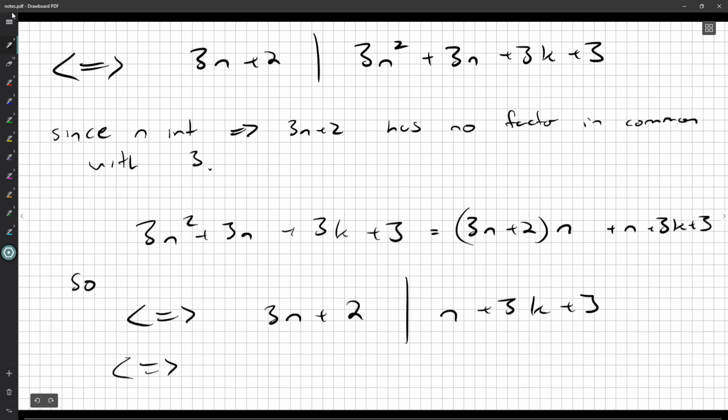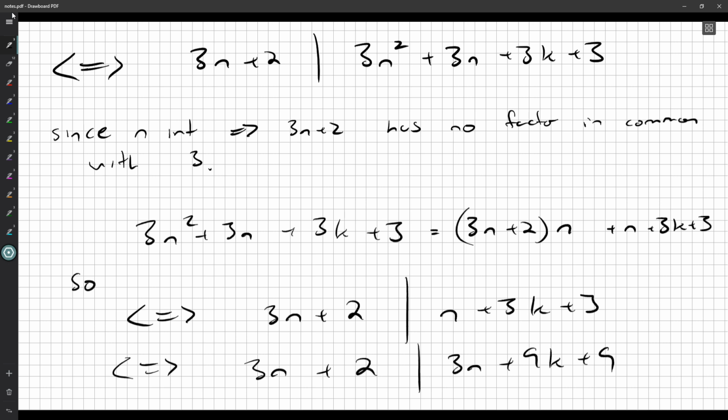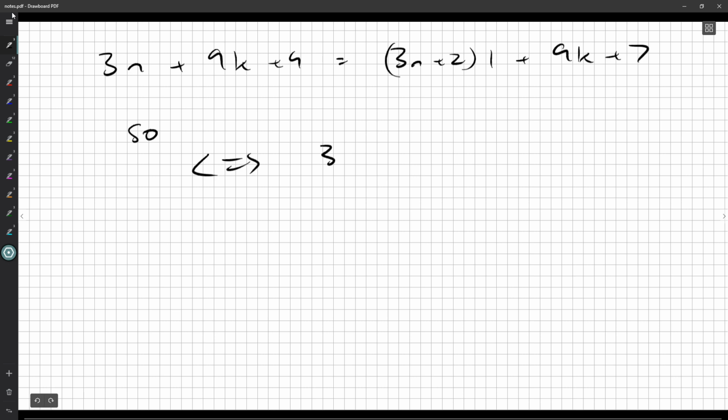But again, the same multiply by 3 trick tells me that it must divide 3n plus 9k plus 9. And now I can say, well, 3n plus 9k plus 9 is really 3n plus 2 times 1 plus 9k plus 7. So we get that x will be an integer if 3n plus 2 divides everything, and it's all a nice little chain reaction, if 3n plus 2 divides 9k plus 7.